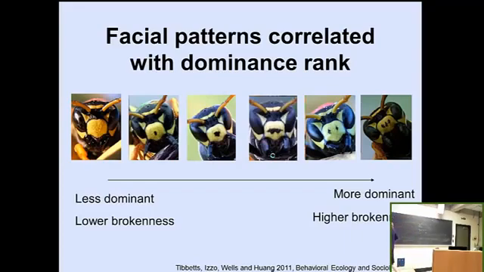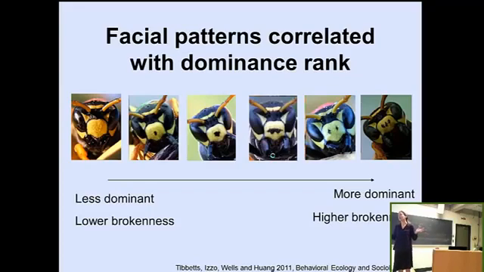So winning wasps, wasps that are more dominant, tend to have more broken or black wavy spots on their face. Wasps who are more subordinate have no black spots or little black spots on their face. So basically, wasps with more edges in their facial pattern are more dominant than wasps with fewer edges. Now this seems like a really strange signal, doesn't it?